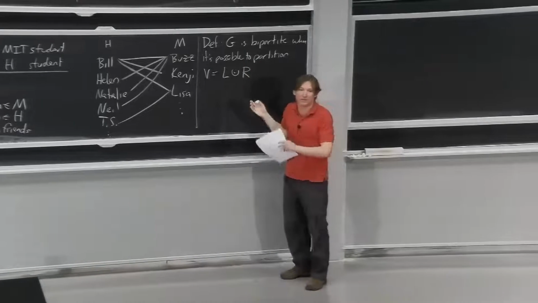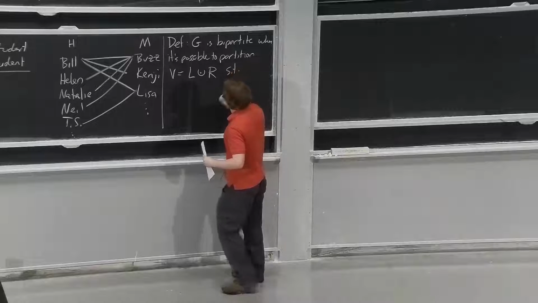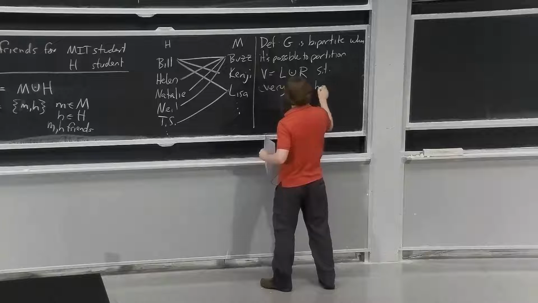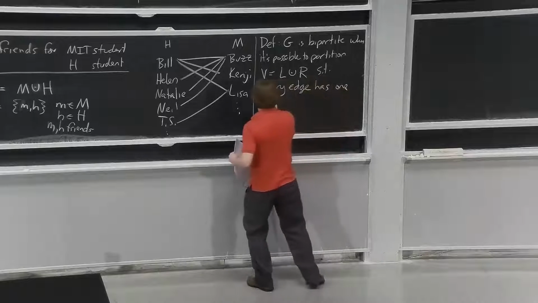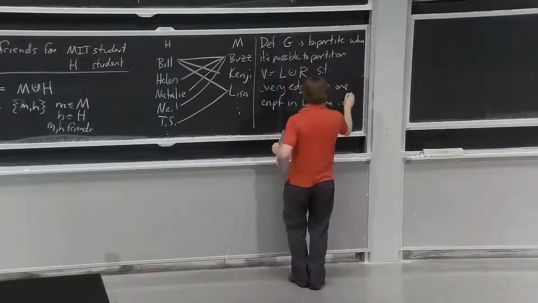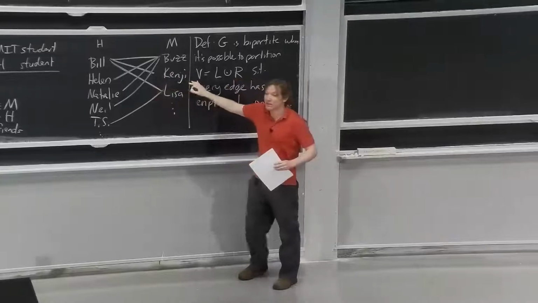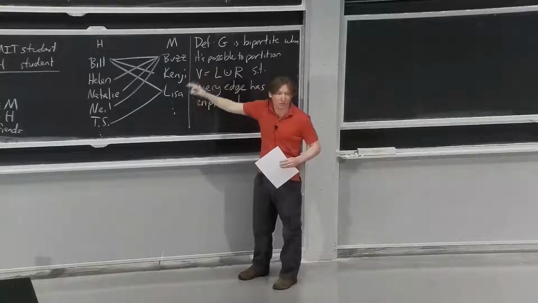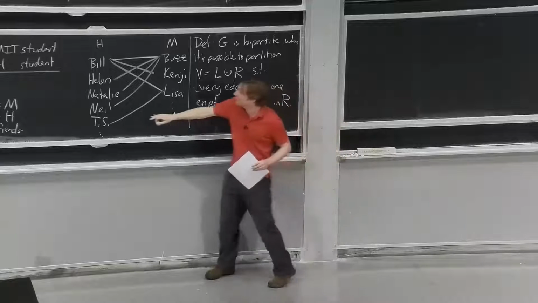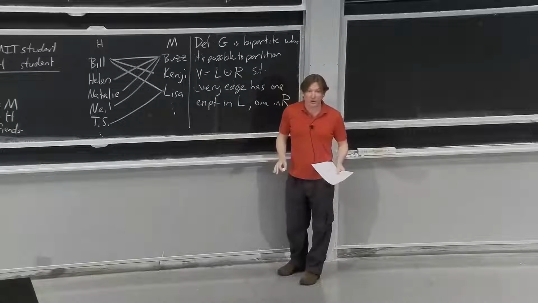I'm going to call them left and right, which is common notation for bipartite graphs, such that every edge has one endpoint in L and one endpoint in R. So you have some vertices on the left, some vertices on the right, and every edge crosses between them. One endpoint on the left, one endpoint on the right. These graphs are called bipartite, and the one we just drew certainly has that property. Sound good with me so far?